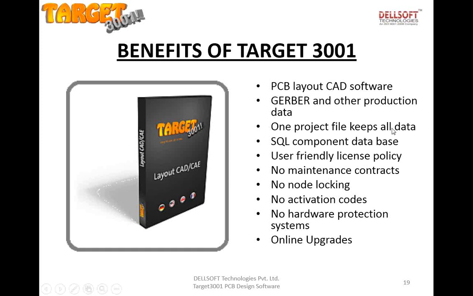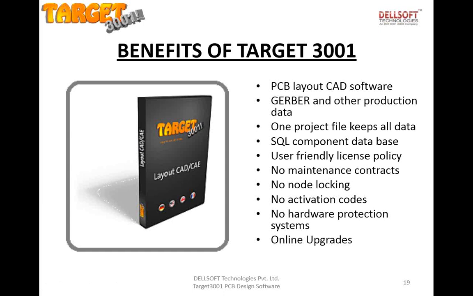One project file keeps all the data. If you have made any project, it will keep all the data, from the schematics, simulation, layout, manufacturing, all of these. An SQL component database is there. This is a huge database of 30,000 plus components. There is a user-friendly licensing policy in which you don't need a dongle or anything. It's a license server-based license, so you just have a software key license. You just install the software and run.